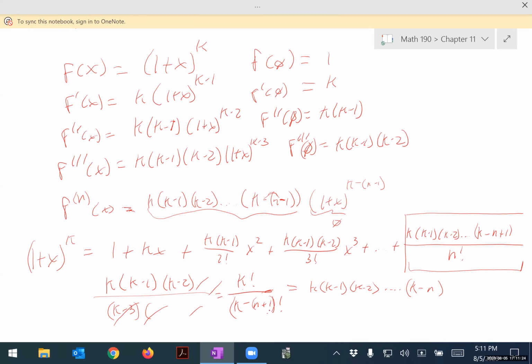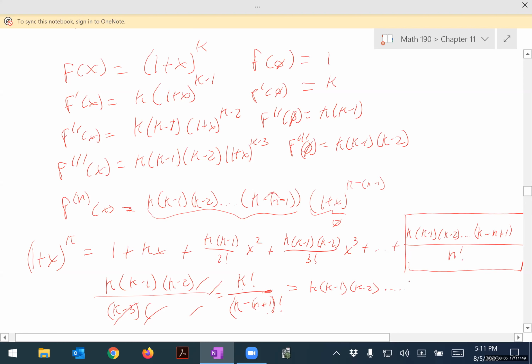Okay. So if I want to go all the way to k minus n plus 1, then think of it this way.